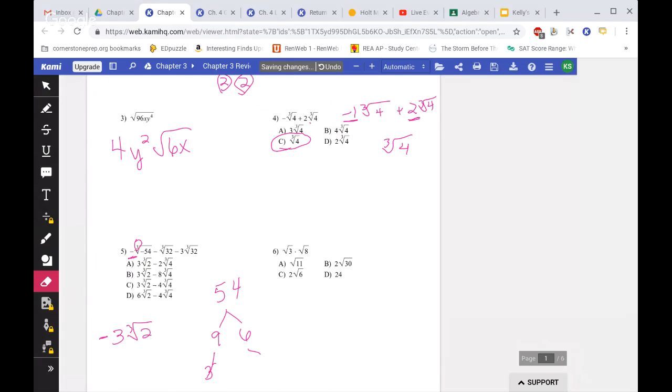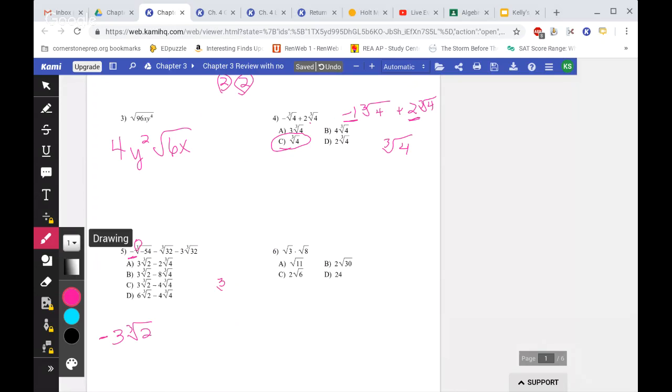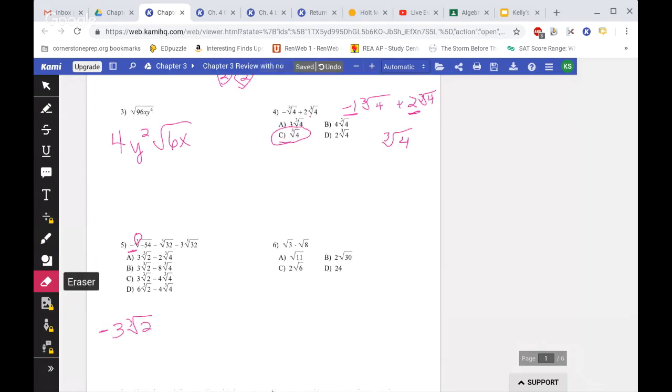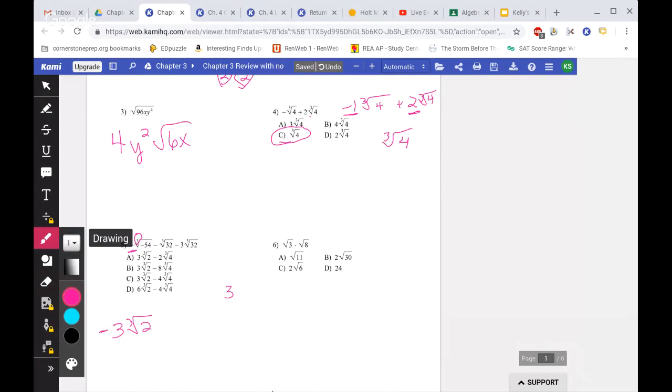Now, with regard to 32, we'll factor that one. Once again, we're looking for sets of 3. Oops, I just want to take the 32. We're looking for sets of 3, 8 and 4, 1, 2, 3.